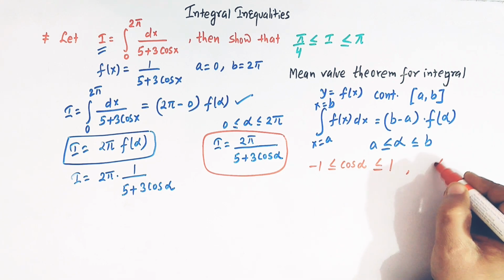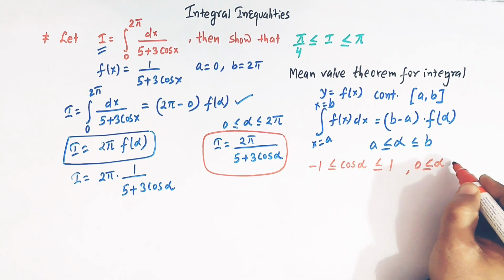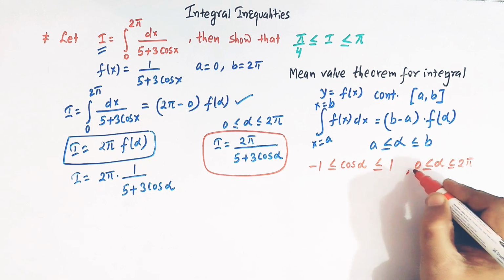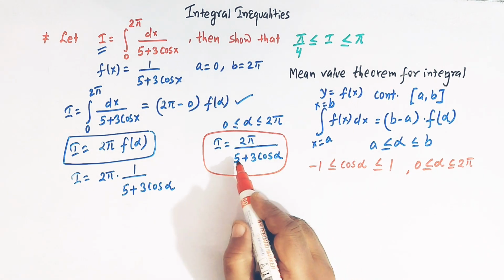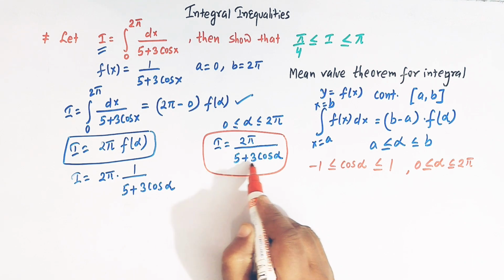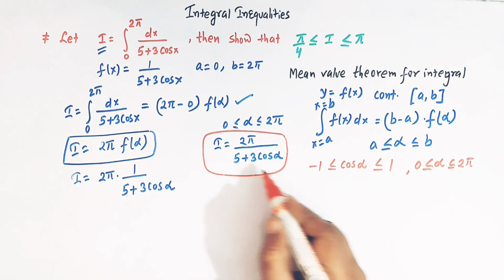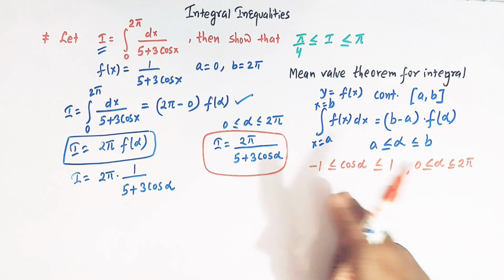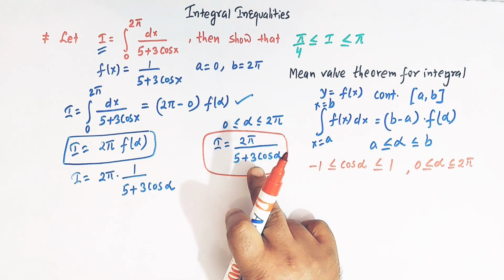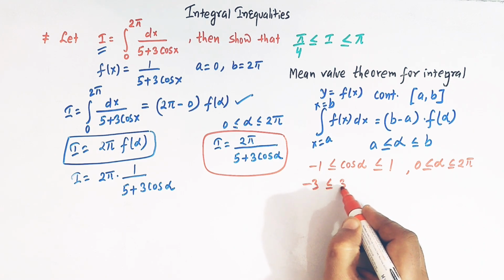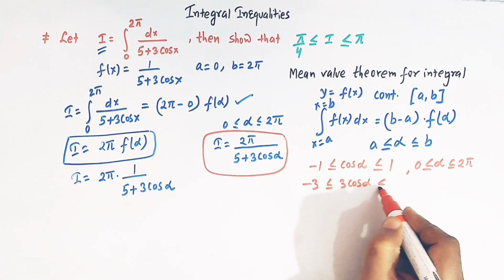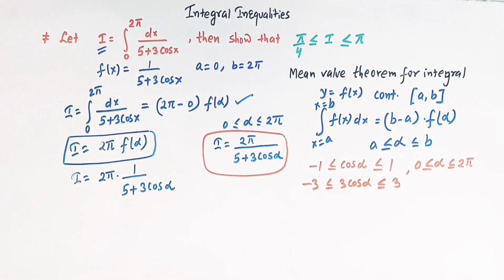In the denominator we have 5 plus 3 cos alpha, so let us multiply this inequality throughout by 3. We have minus 3, here we have 3 cos alpha, and here we have 3.